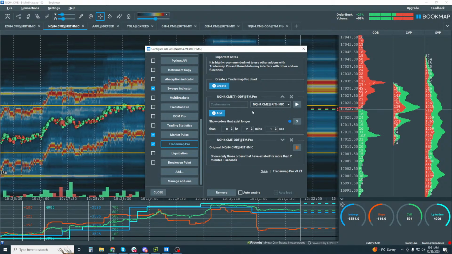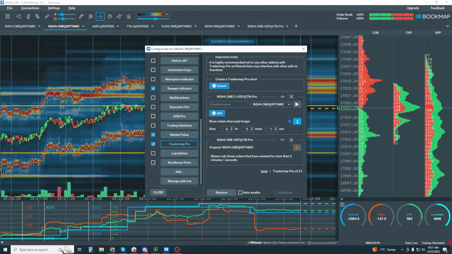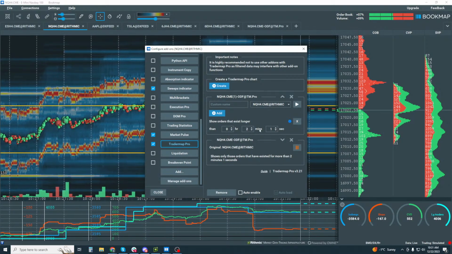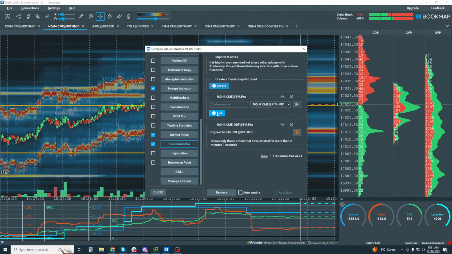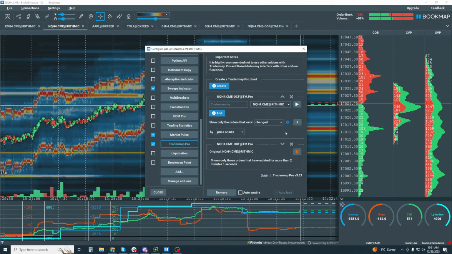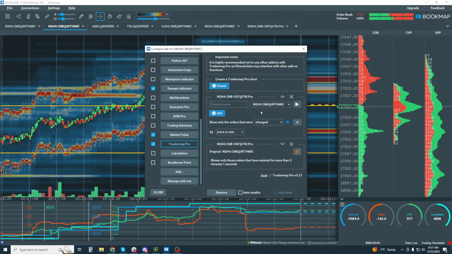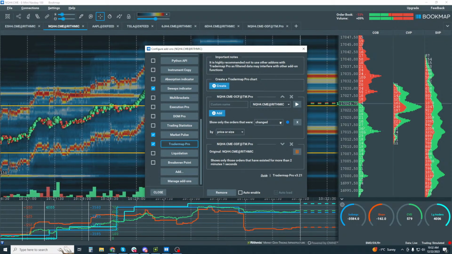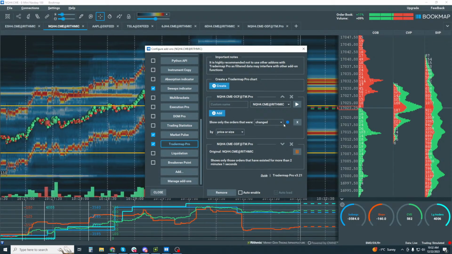Actually, hold on. Let me delete this one because we've already done that one for the duration. Let's just add the filter for order change, and then let's see what that looks like, and maybe we'll add the duration as well.